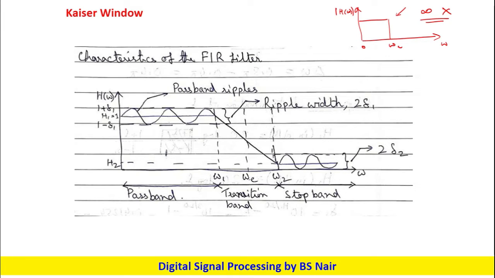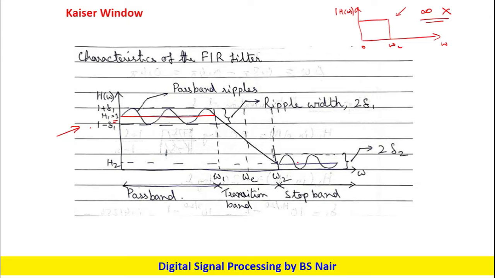So what happens under ideal conditions? Say, for example, I am now getting into this frequency response. We have discussed that the amplitude of the modulus of H omega in the passband is equal to 1. We have already discussed this for the FIR case. So here we have the value of 1 in the passband.